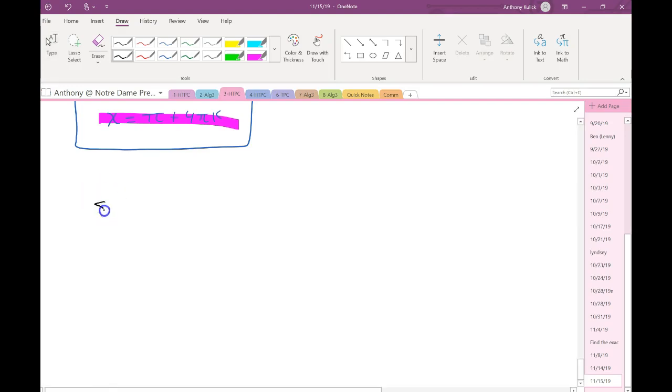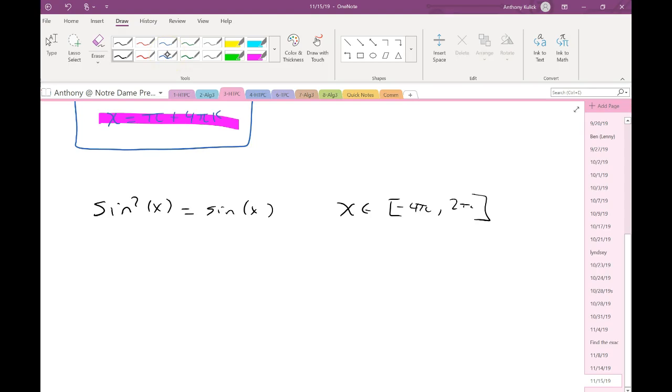Let's do this one. Okay, so let's say we have sine squared x is equal to sine x, where the x's are on the interval from -4 pi to 2 pi.